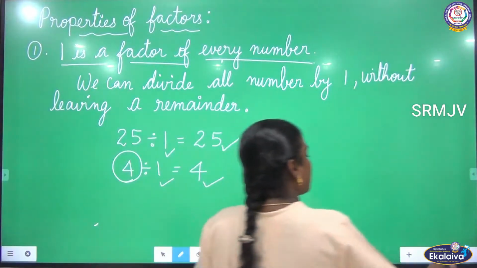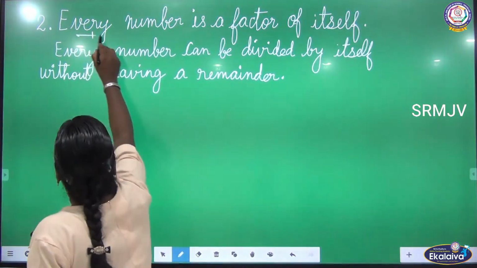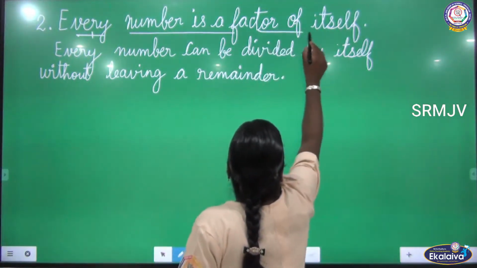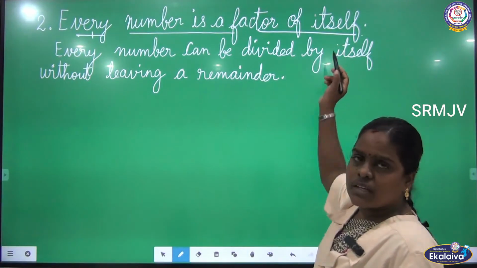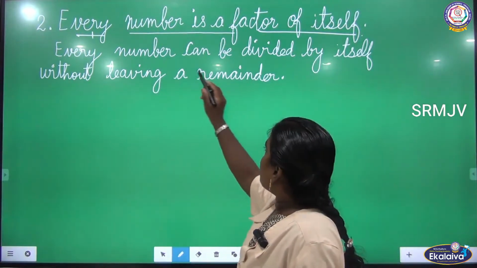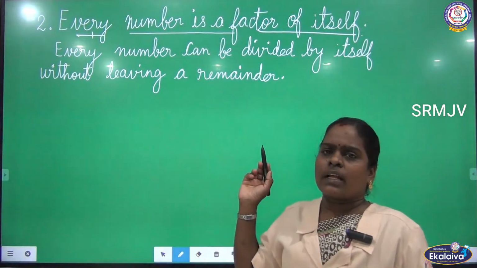Now the second property, every number is a factor of itself. Every number can be divided by itself without leaving a remainder.